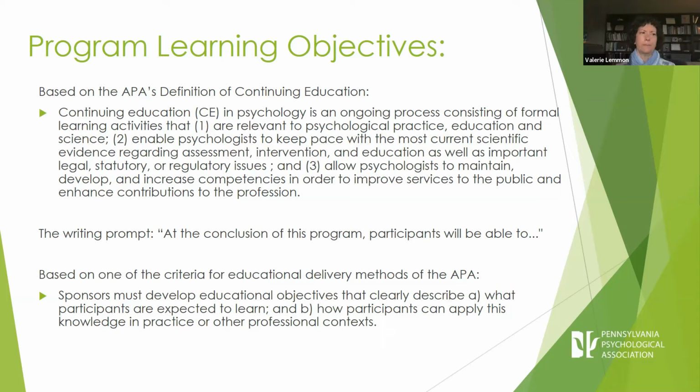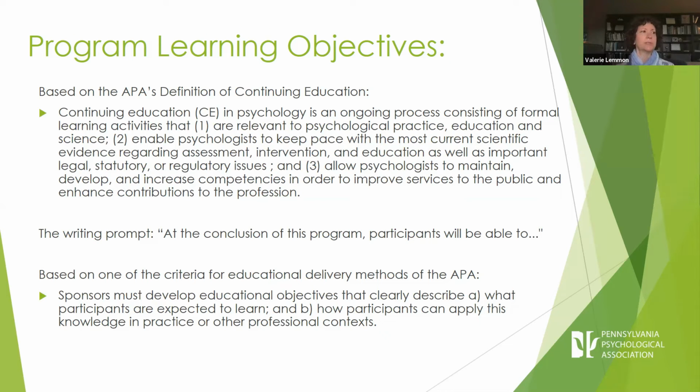And so some of the things that the APA is looking for, right, is that this has to be relevant to psychological practice, education, science. We want to make sure that psychologists are keeping pace with the most current scientific evidence.